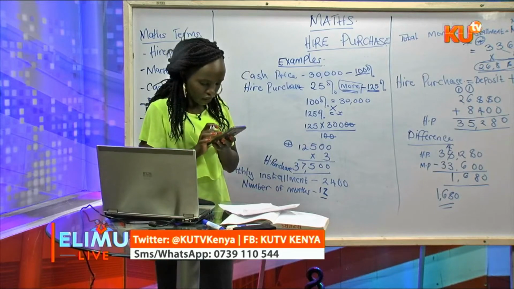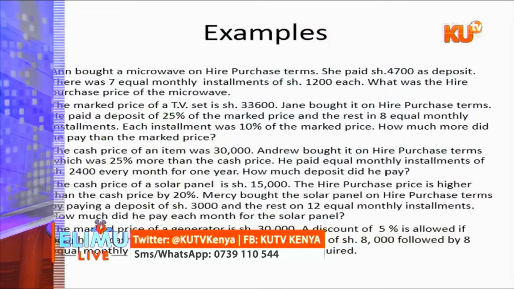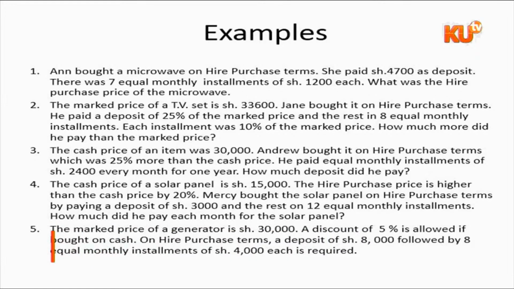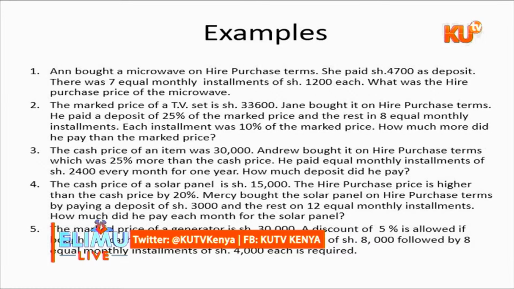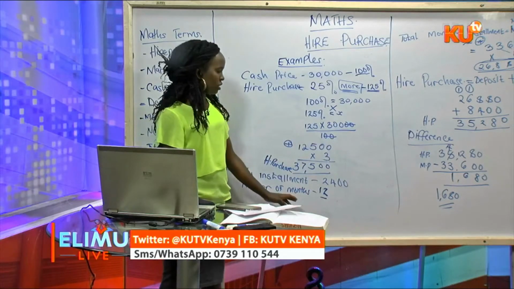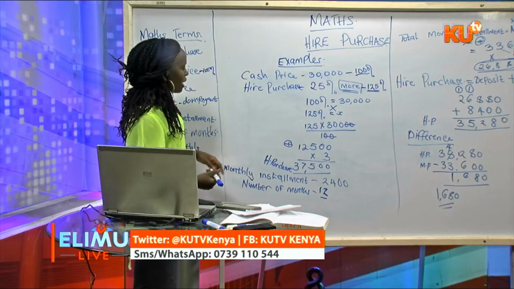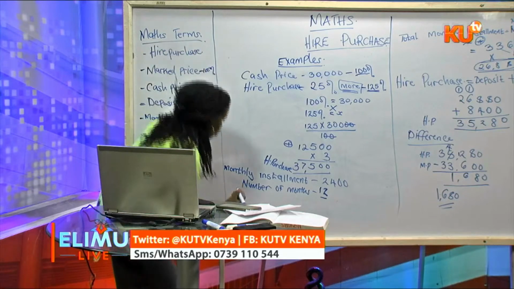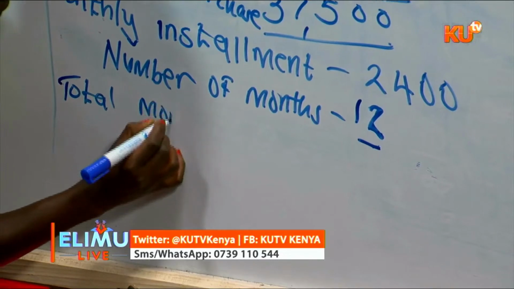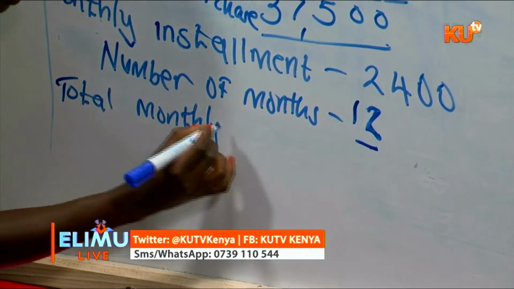Now we continue with our question. So the question is, how much deposit did he pay? This is easy. We have the monthly installment here. We have the number of months. So our next step is to get the total monthly installment.